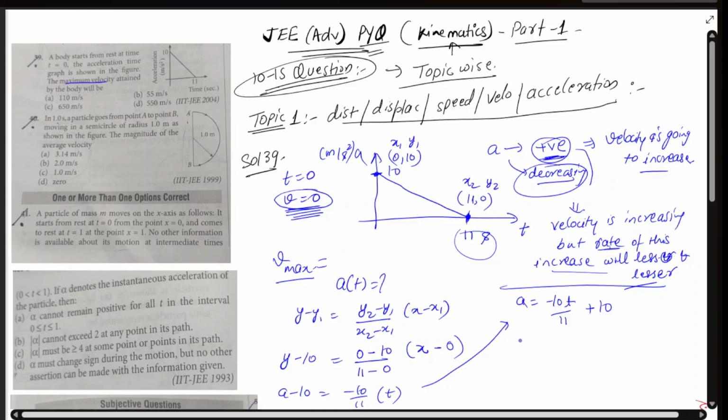Now we know acceleration is dv by dt, so we have minus 10t by 11 plus 10. We need to integrate it.